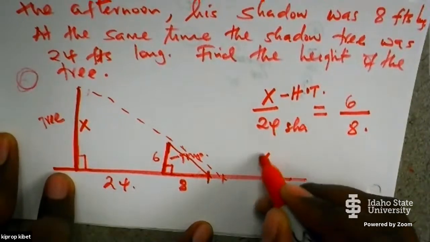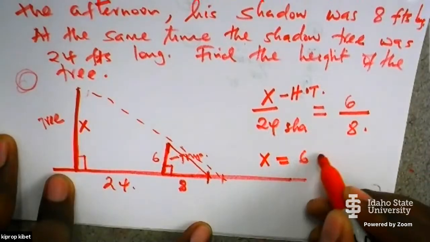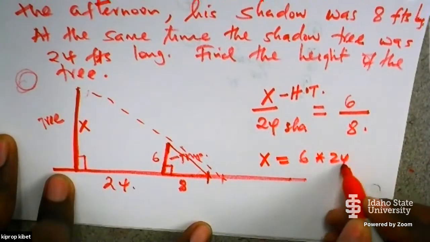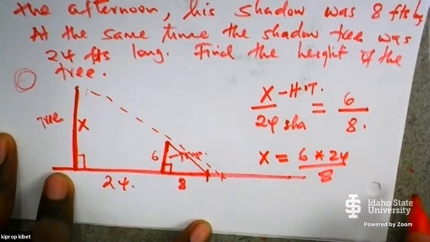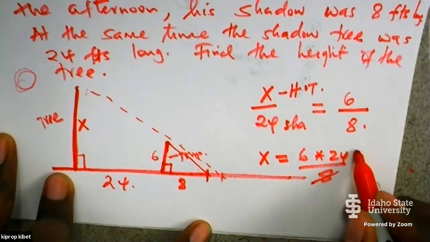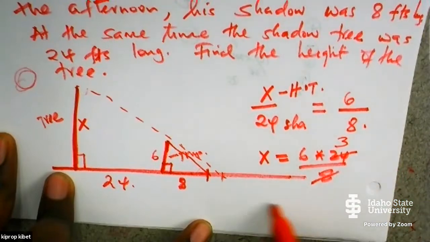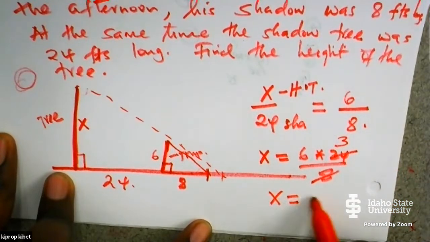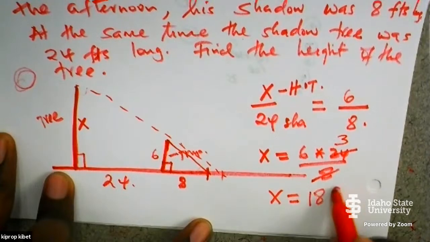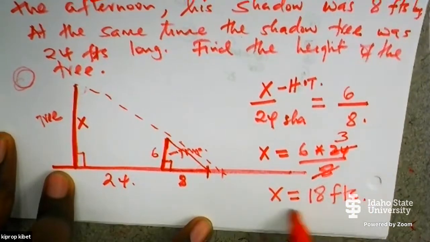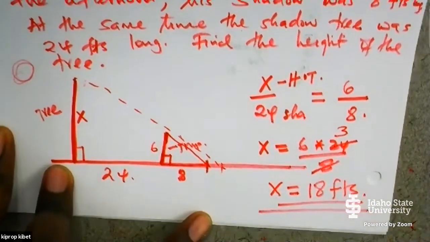Then we say x equals 6 multiplied by 24 all over 8. So that and that will cancel. We get 3, and x equals 18 feet. Yes.